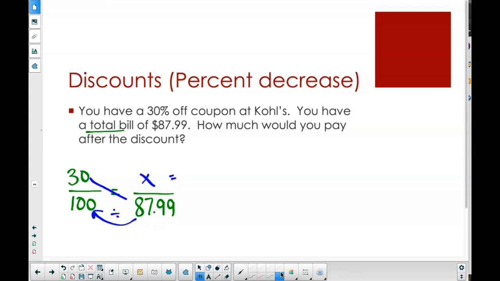Okay? So on my calculator it says 26.397. Okay, here's what I'm going to do. I'm going to draw a line here. The 7 behind it means I need to round up. So what's right after 39 cents? 40. So $26.40. Is that what I paid?